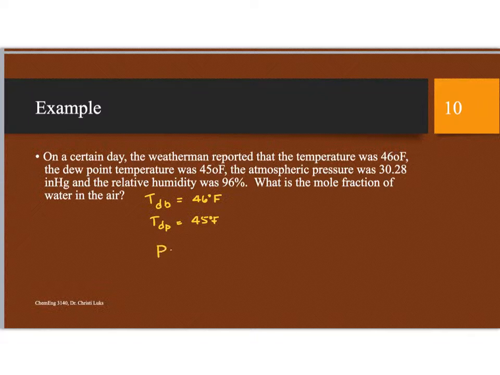The pressure is given as 30.28 inches of mercury, and the relative humidity is 0.96. And they want us to find the mole fraction of water. So I've translated this given information to symbols. Now we need to find definitions that relate these. What they gave us was relative humidity, so let's look up that formula.